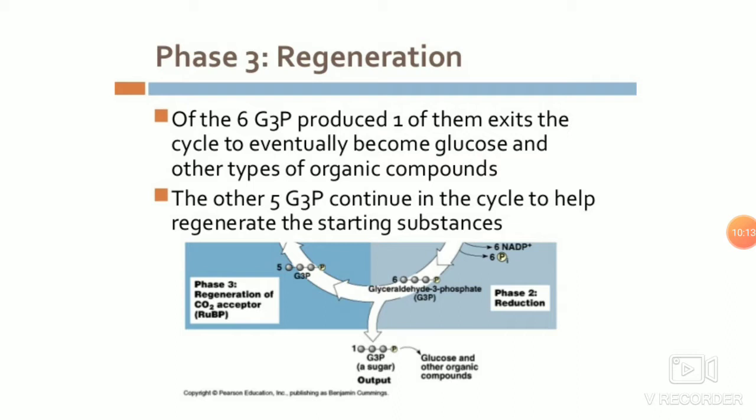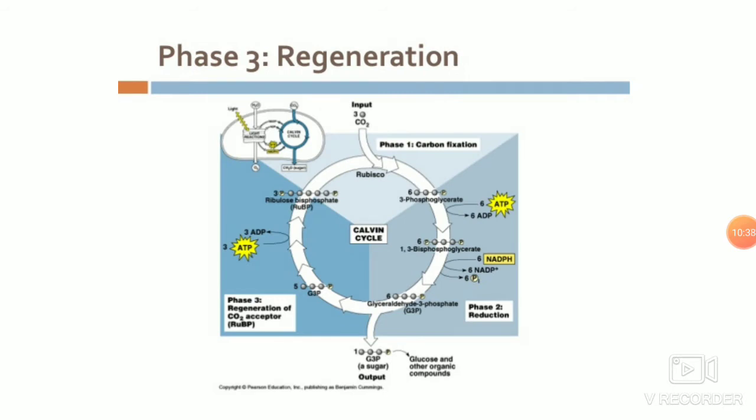The five remaining glyceraldehyde 3-phosphate continue to cycle to help regenerate the substrate, that is the starting molecule ribulose 1,5-bisphosphate. Okay, one molecule of glyceraldehyde 3-phosphate goes to the formation of sugar, and the remaining 5 generate back the starting molecule.